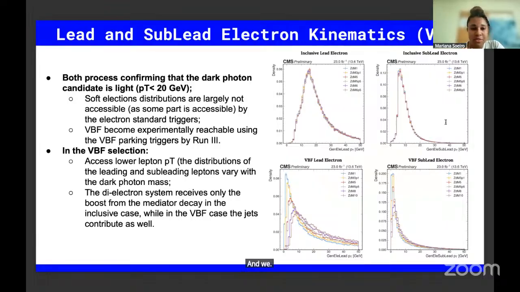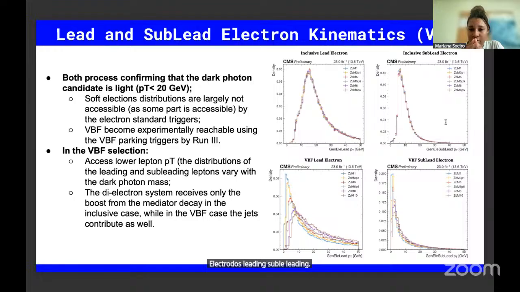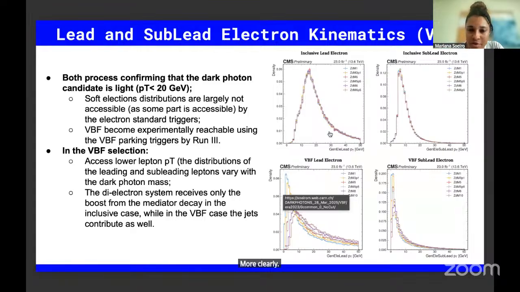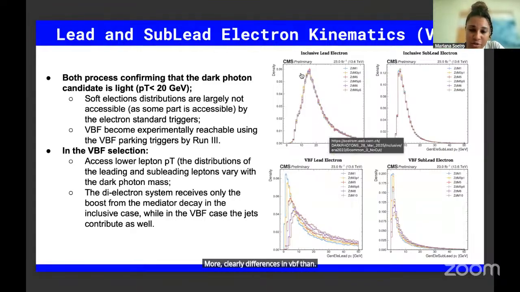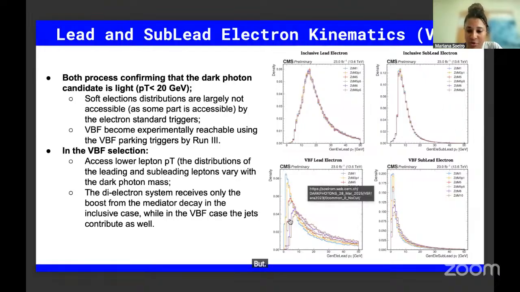We have basically PT smaller than 20, which is very interesting for the leading and sub-leading electrons. There is not so much difference between inclusive and VBF there, but we can see a clearer difference in VBF than in the inclusive part, because in inclusive we have similarities. There is not so much dependency on the mass, but in VBF you can see something different, and trying to understand that will be very interesting.